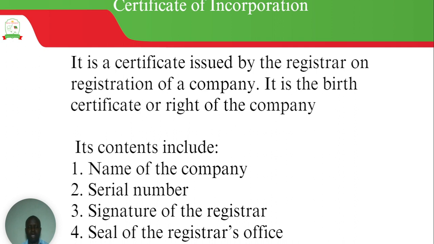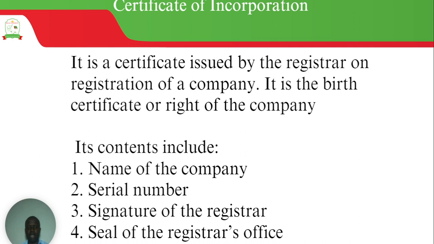Now, part of the things that you are going to find inscribed in this certificate will show the name of the company, and it will also show the serial number of your company. It will also have the signature of the registrar of companies, that shows that they have approved the registration process, and also the seal of the registrar.